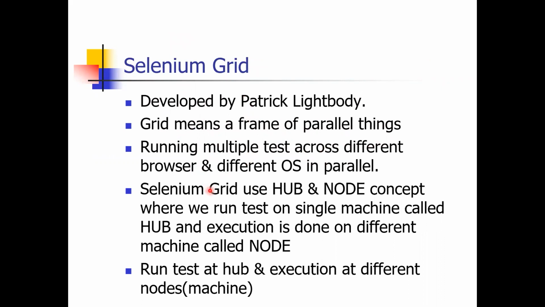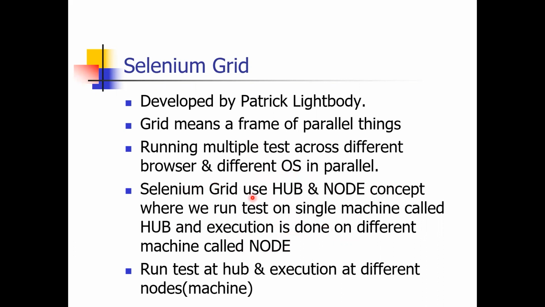Selenium Grid uses the hub and node concept. There is one hub, the main center, and there are various nodes connected to it. The center is the hub where we run our test case, and execution is done on different machines called nodes. All the nodes are connected to the hub.